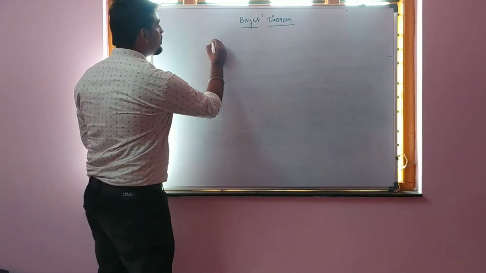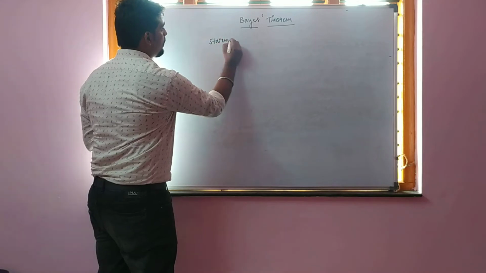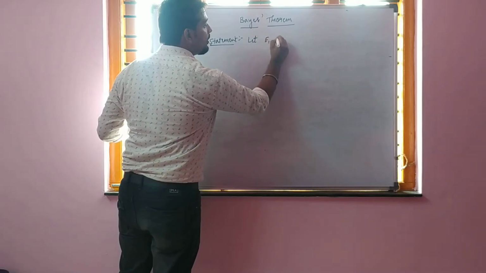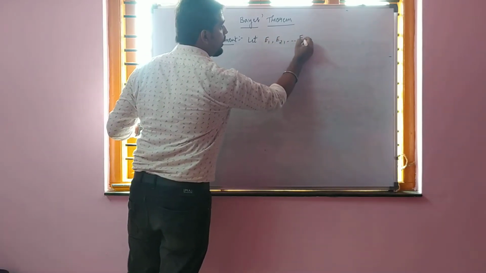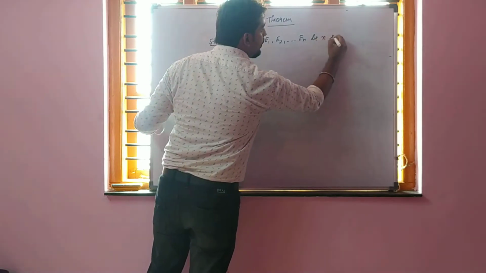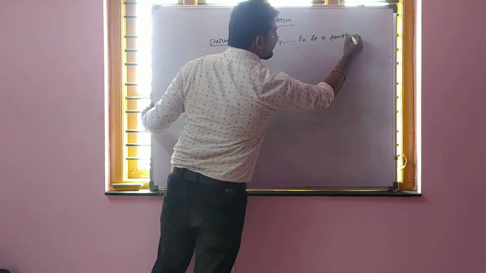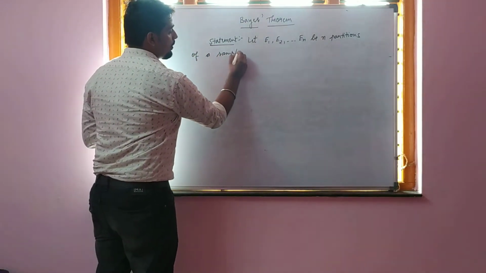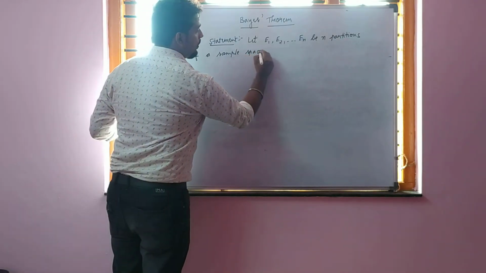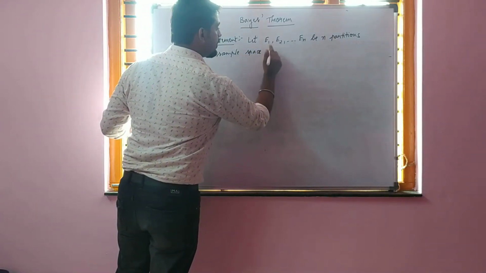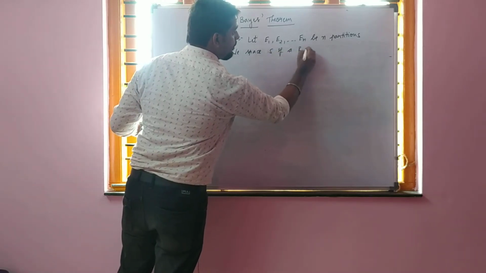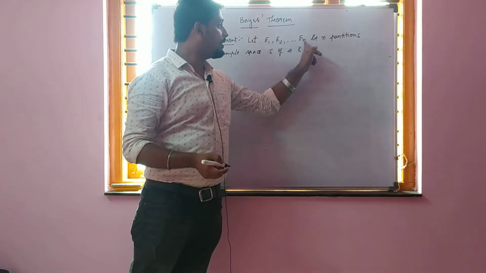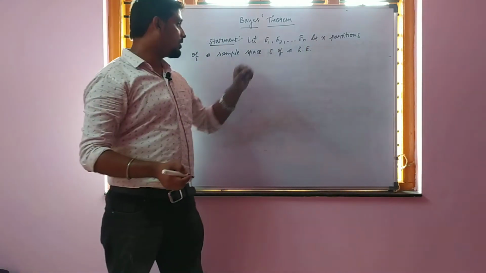So here, the statement: we need events E1, E2 and so on up to En to be n partitions of a sample space S of a random experiment. RE is nothing but random experiment. So I am saying these events are the n partitions of a sample space.